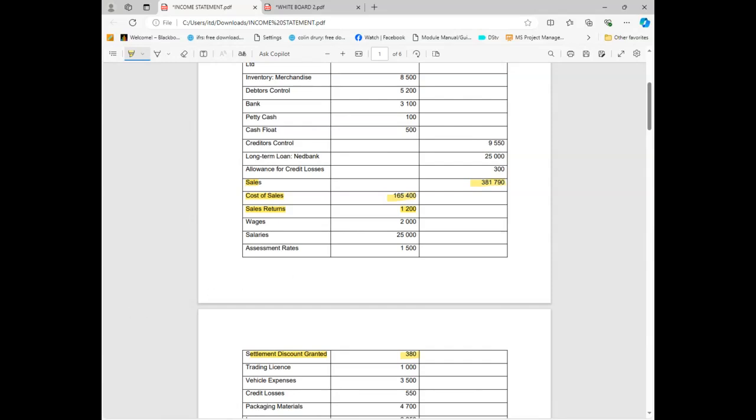Write them down now. If it was under periodic, this is how you will calculate cost of sales. I don't know if you've spoken about it before. So firstly, they must give you opening inventory.